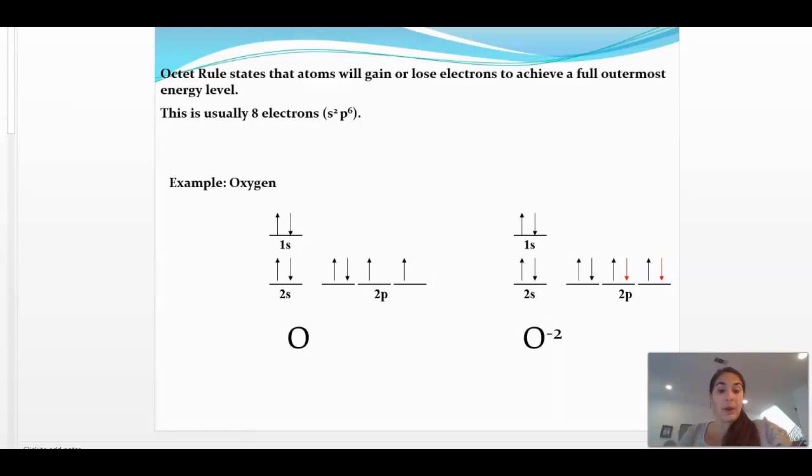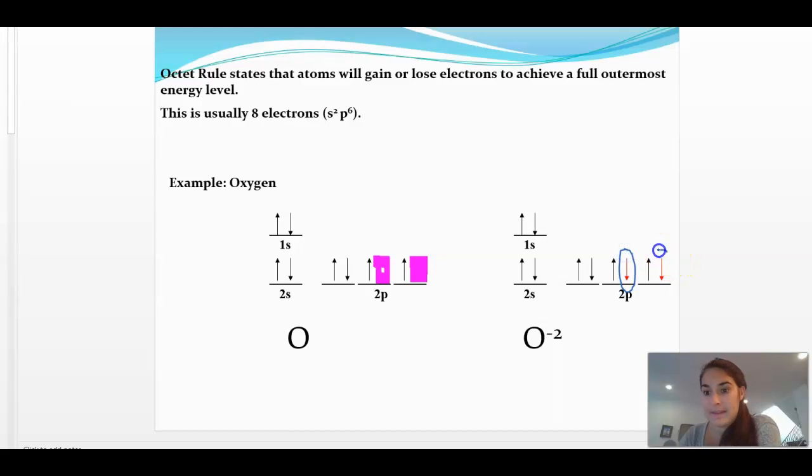So here we go. This is regular old oxygen. And as you can see here, we technically have this empty space right there and right there. There are those two empty slots in oxygen remaining that could have electrons. And so what happens is that oxygen then adds these two electrons.